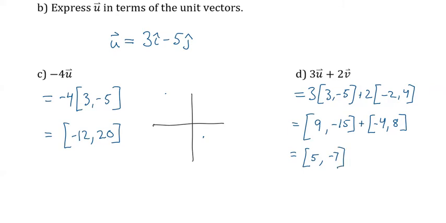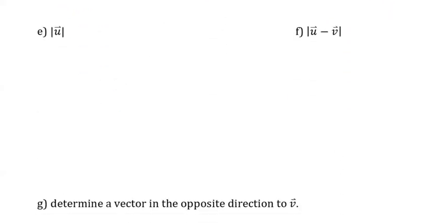Good. It's the Pythagorean theorem, right? So this is equal to the square root of 3 squared plus negative 5 all squared, 9 plus 25, which I believe is 34.